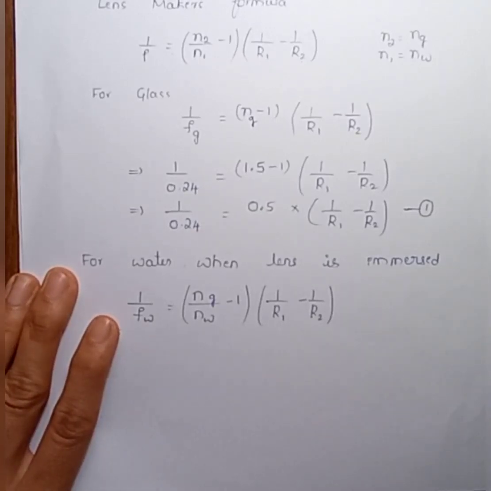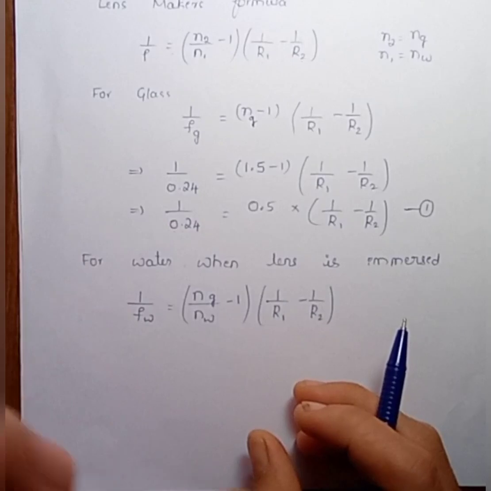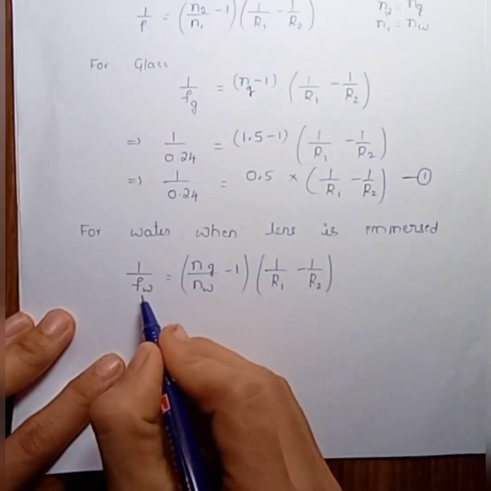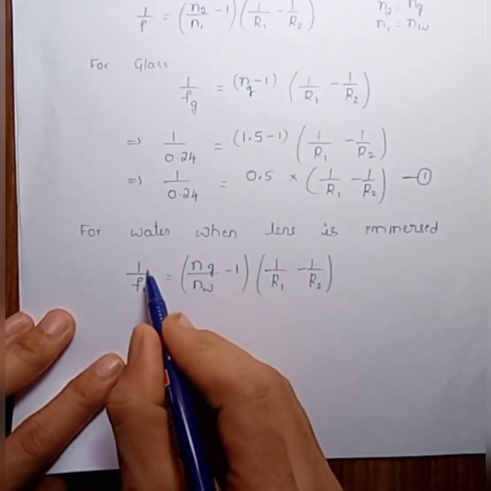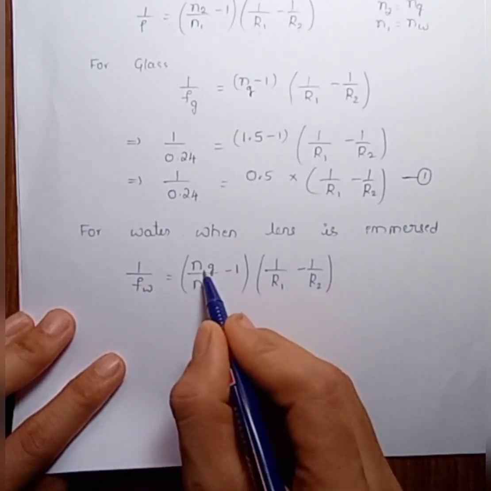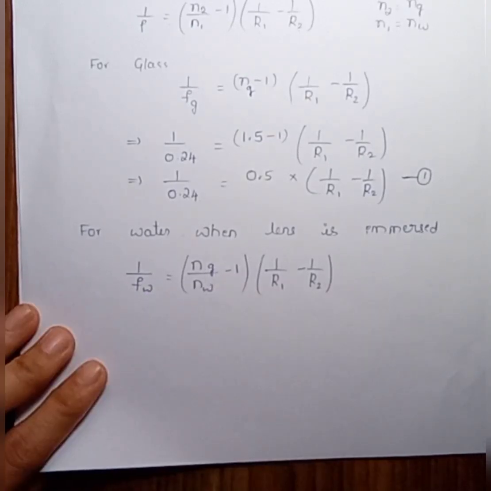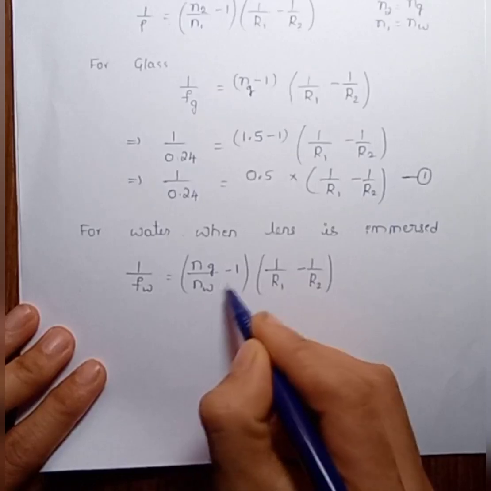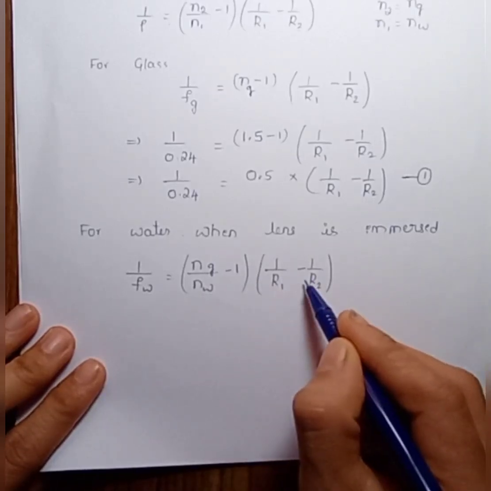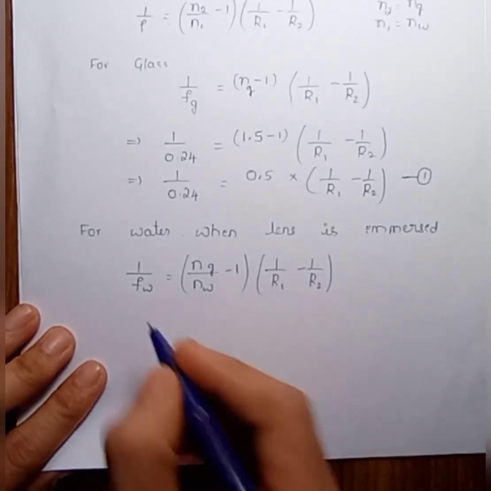Now just immerse that convex lens in water. Now the focal length changes. What can we take? 1 by fw is equal to ng by nw minus 1 into 1 by r1 minus 1 by r2.